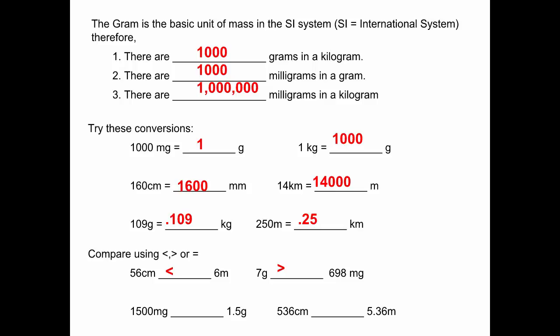How many milligrams is 7 grams? 700. 1,500 milligrams or 1.5 grams? Caitlin? They're equal. 536 centimeters to 5.36 meters. Zach? Equal.